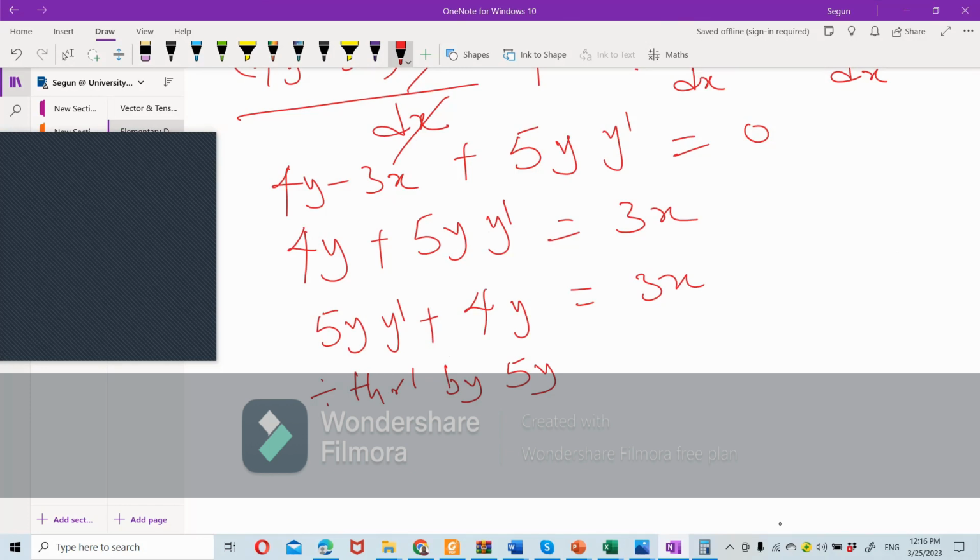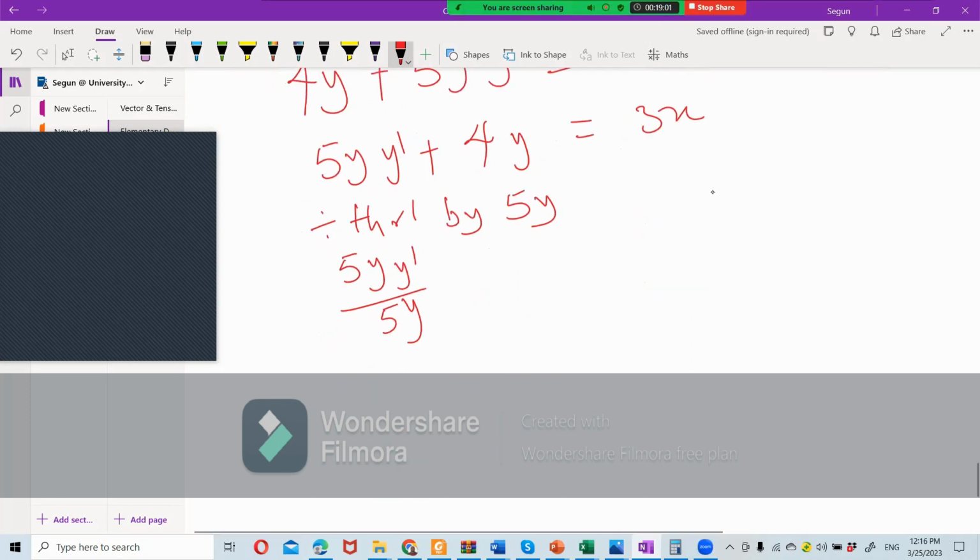So for me to divide through by 5x, I will have 5x y prime divided by 5x.